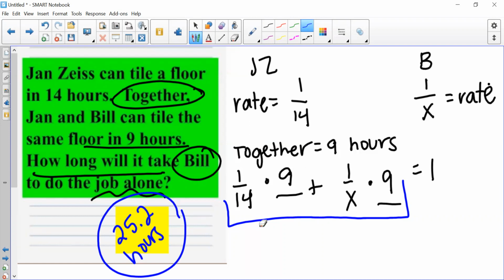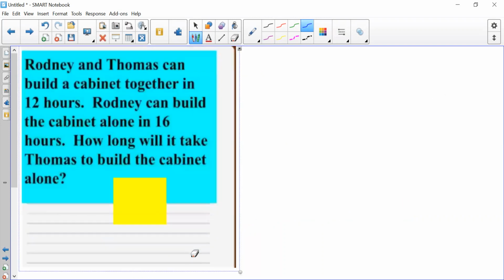All right, last problem. Rodney and Thomas can build a cabinet together in 12 hours.